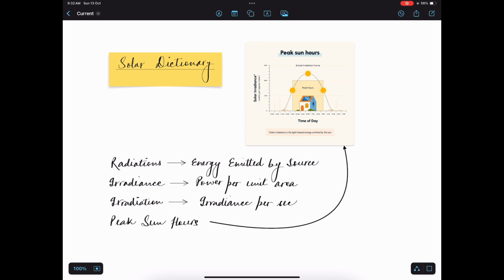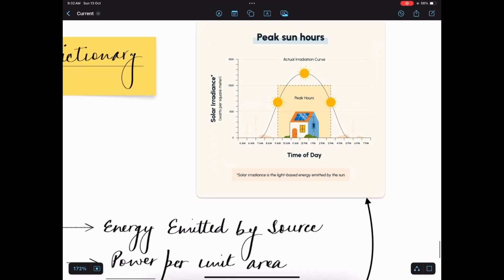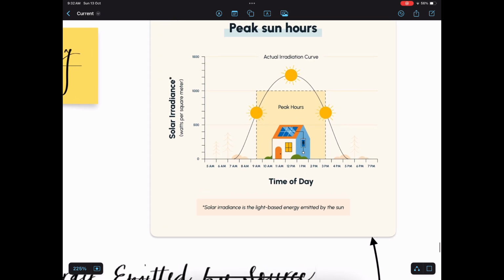During these hours, a solar energy system operates at maximum efficiency. With this diagram, you can see the peak sun hours are between 8:30 and 3:30 here.